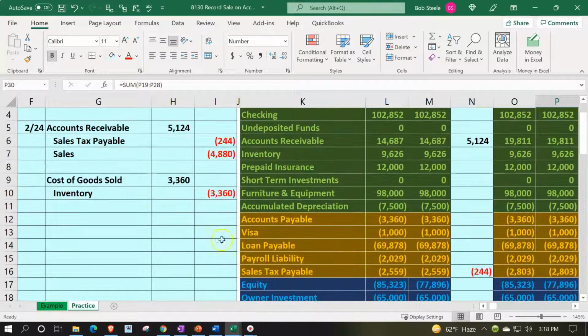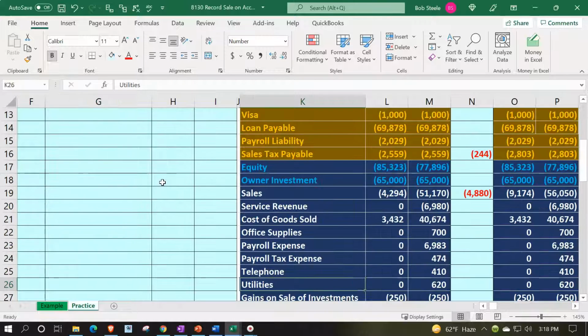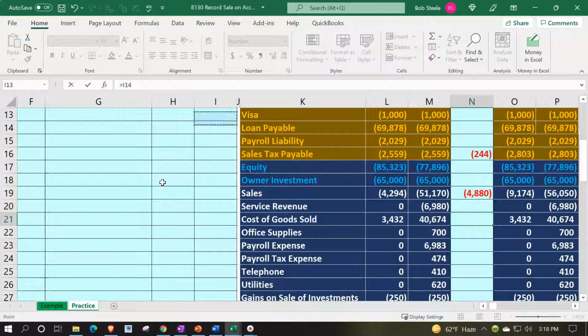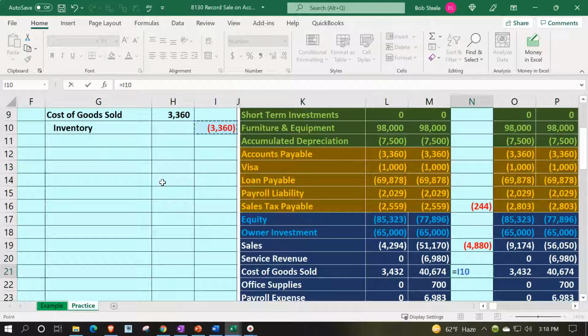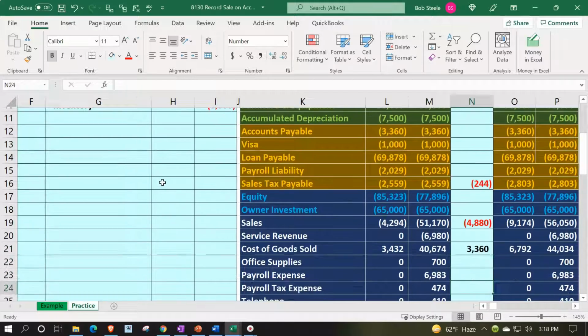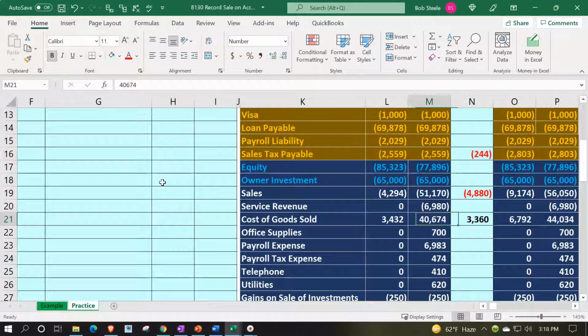Let's then record the cost of the goods that are sold, which is going to be right here. That's the cost of the goods that we're selling. And so that's going to increase the cost of goods sold and decrease the net income. So on the month, we had the 3,432 increased by the 3,360, giving us the 6,793.